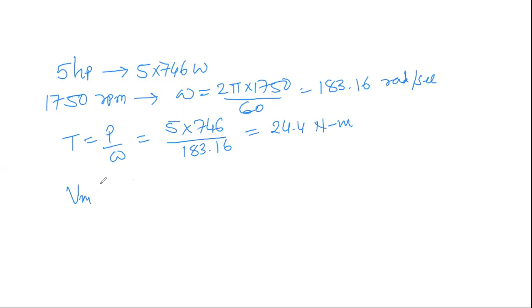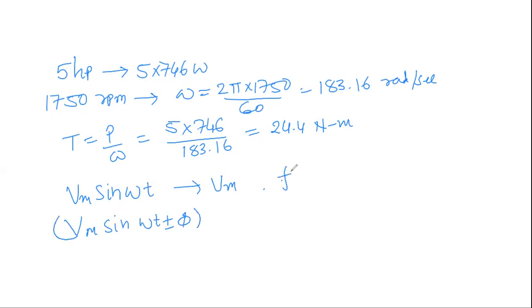Now, when you use the AC supply, the voltage is of the form Vm sin omega t. In MATLAB, you are supposed to provide Vm, the frequency, and the phase for the other phases, Vm sin(omega t plus or minus phase). So these three things you are supposed to specify. Here this motor is 460 volts, which is a line voltage.